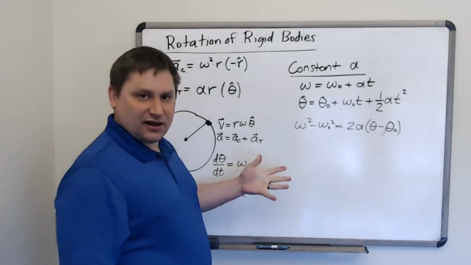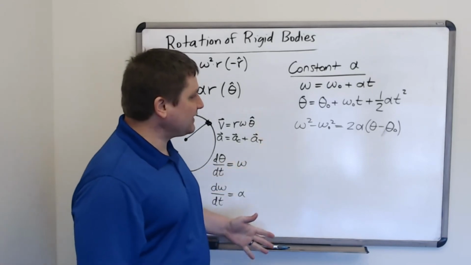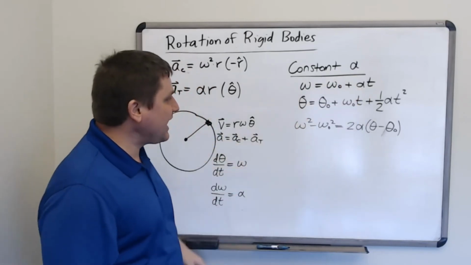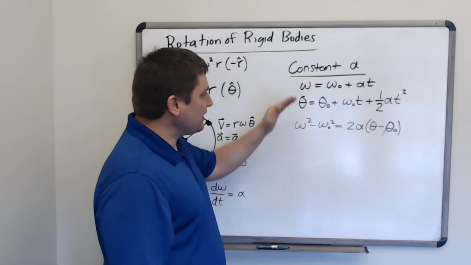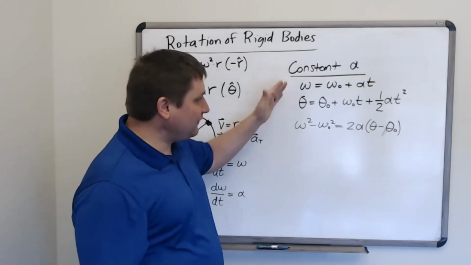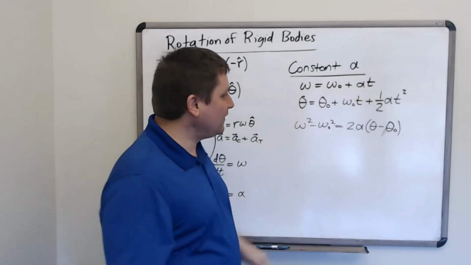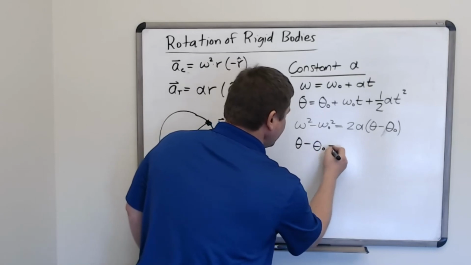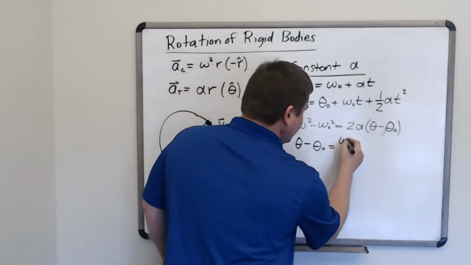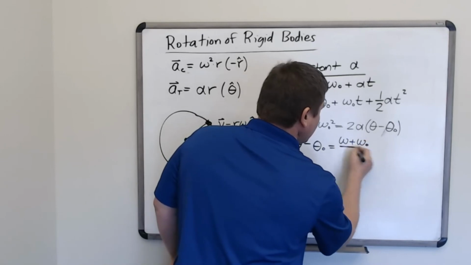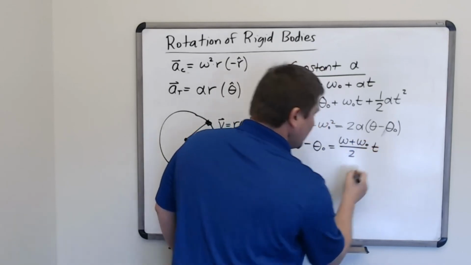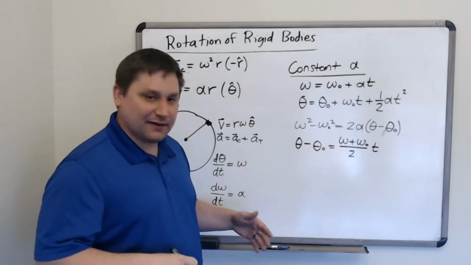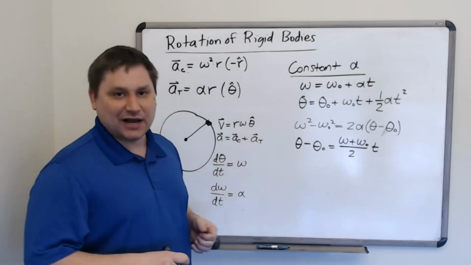And the other shortcut equation is if we want to eliminate the acceleration as a variable, we can solve the first equation for alpha and use that to eliminate the alpha over here. And then what we'll get is theta minus theta 0, the change in angle, is equal to the average of the initial and final velocities, so omega plus omega 0 divided by 2, that average value multiplied by the elapsed time.